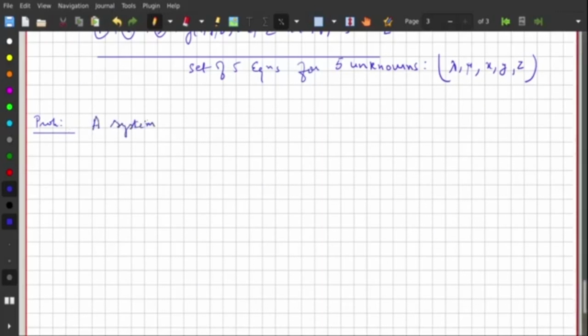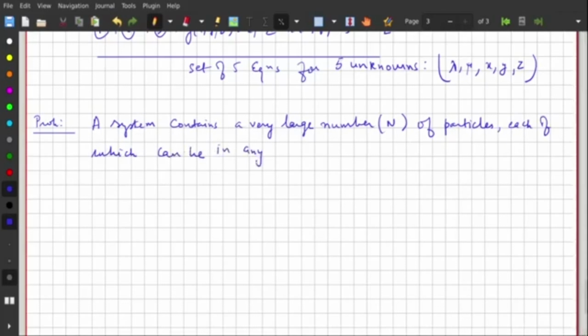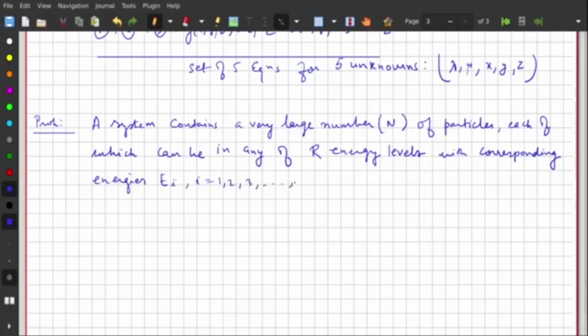Let's say we have a system that contains a very large number n of particles, each of which can be in any of R energy levels with corresponding energies E sub i, where i goes from 1, 2, 3 up to R.